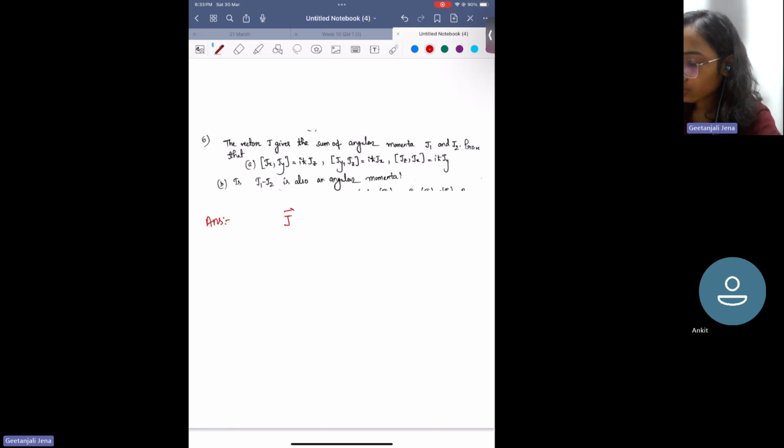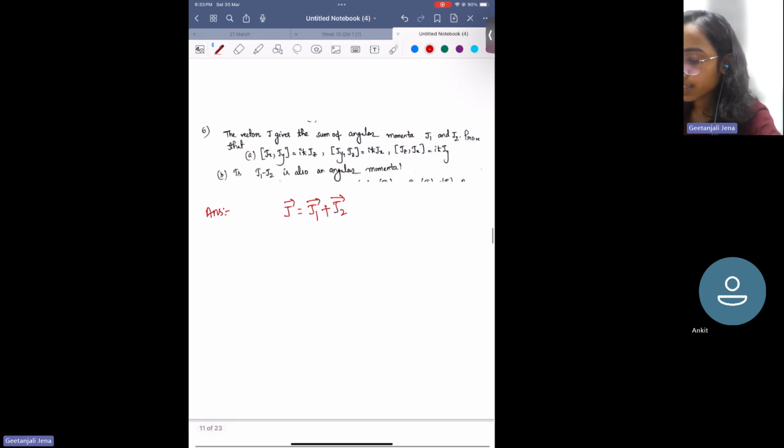It is given J equal to J1 plus J2. Here J1 and J2 correspond to two different particles. Now it is asking to prove that even in this case, the basic commutation relation is valid.